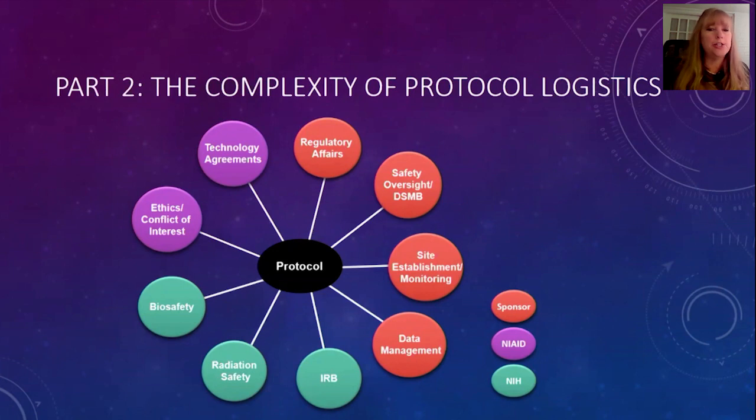If there will be technology transfer or intellectual property covered under a protocol, then that department would be responsible for assisting the investigator with negotiating agreements with the parties involved. For example, clinical trial agreements or material transfer agreements.